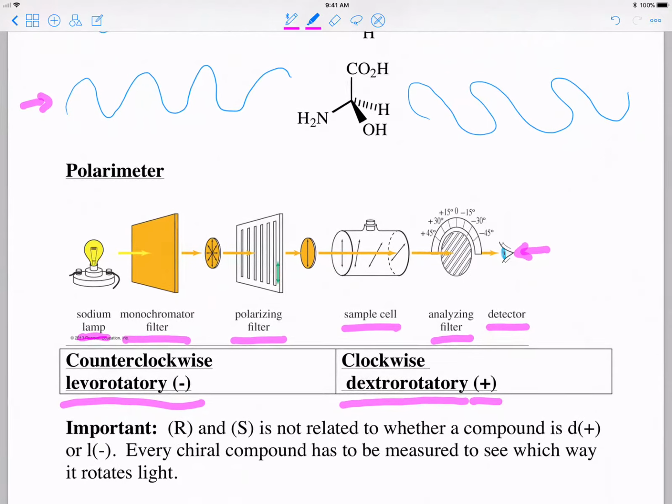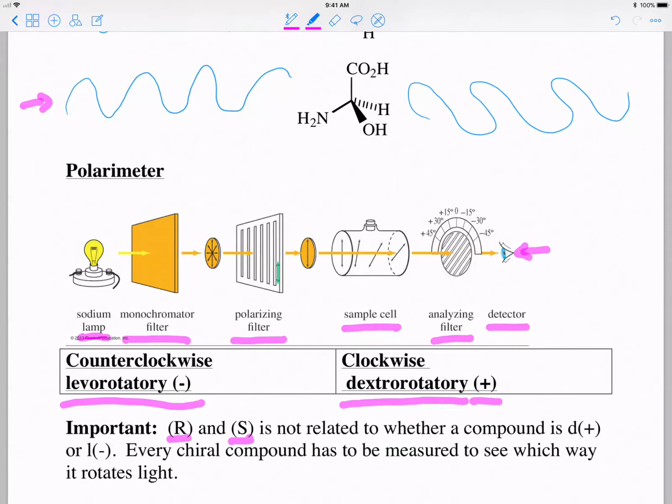Now, two important things to keep in mind. One, whether a compound is R or S does not determine whether it will be dextrorotatory or levorotatory. Some compounds that are R will rotate light in the clockwise direction, and some R compounds will rotate light in the counterclockwise direction.